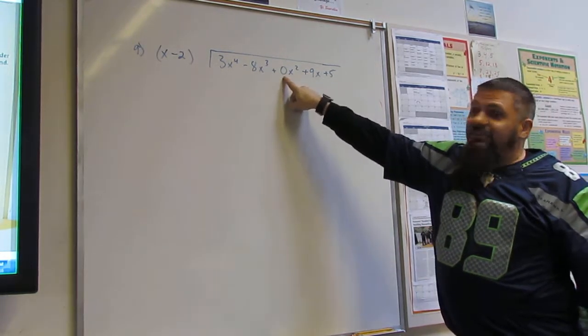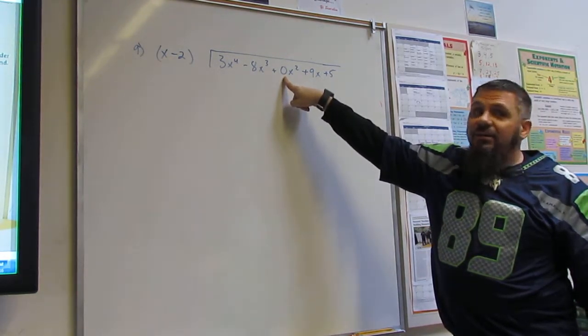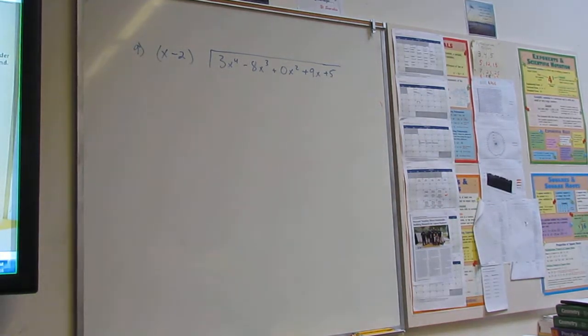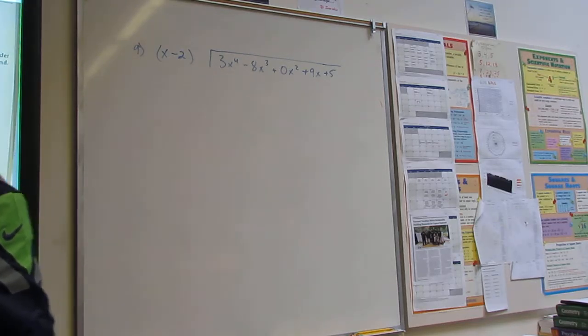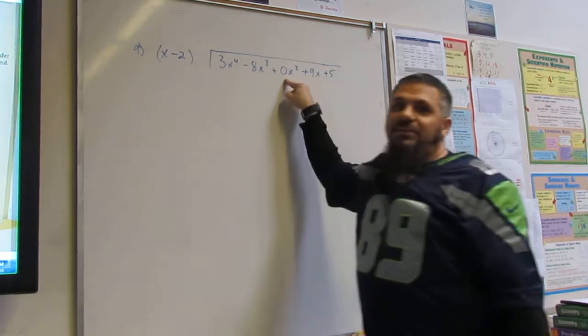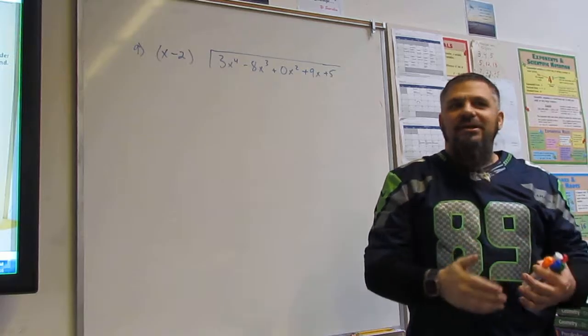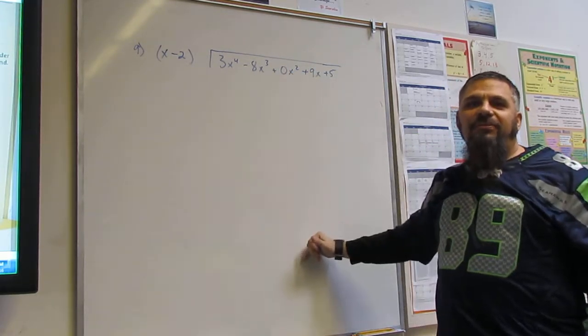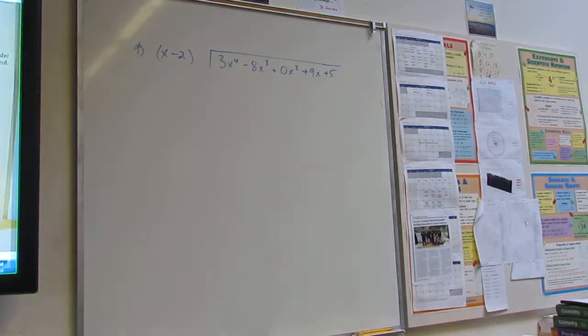Notice how they didn't have an x for x squared? They had no coefficient for x squared over here. So I need to set a spot up, otherwise it won't work. So I set a spot up for x squared: 0x squared. That just means it's not there, but I put it there so I have a space for it. Does that make sense?